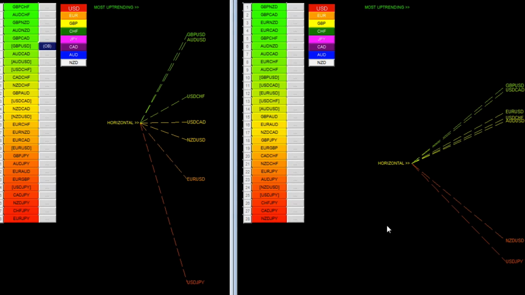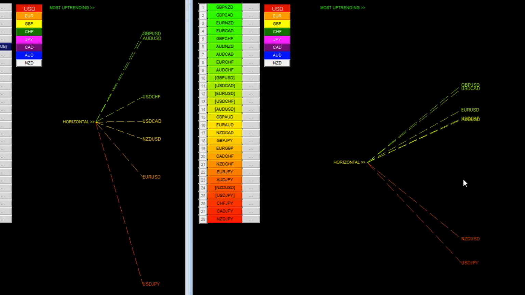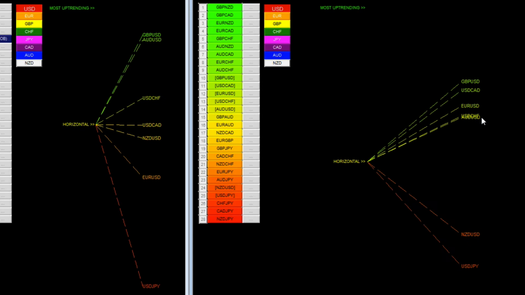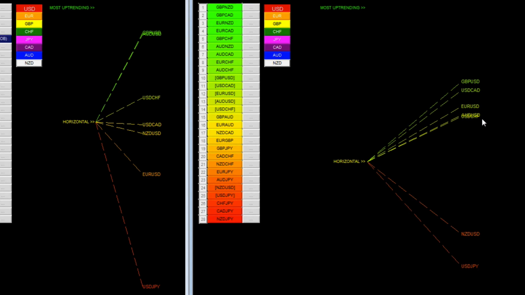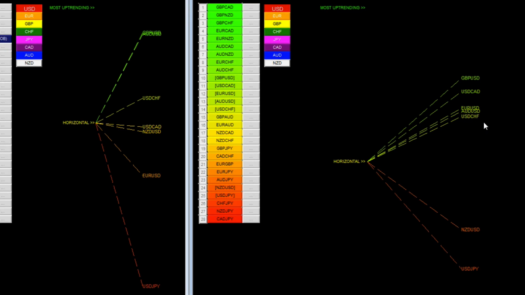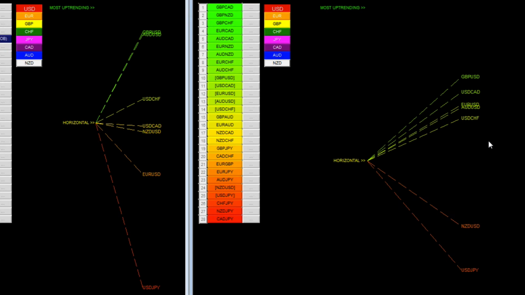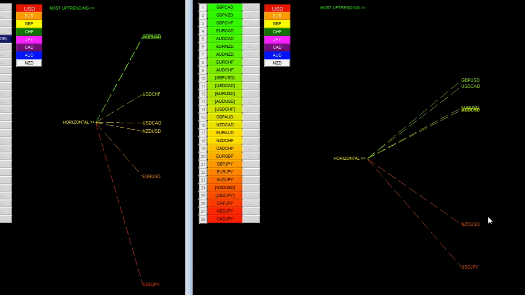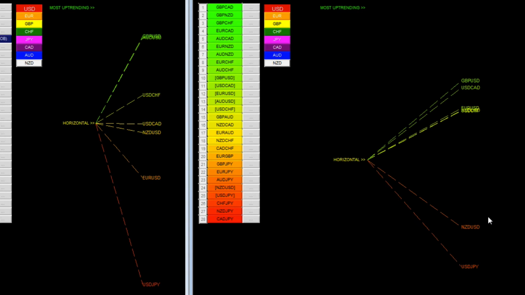Moving over onto the 5 minute chart, you've got a similar picture here. You've got cable here at the top, you've got the dollar CAD there, you've got the euro dollar, and you've got dollar Swiss and Aussie dollar. So again, you are seeing some divergence here for the dollar. But the key point is whether over time those pairs which are out of alignment are actually rotating in.